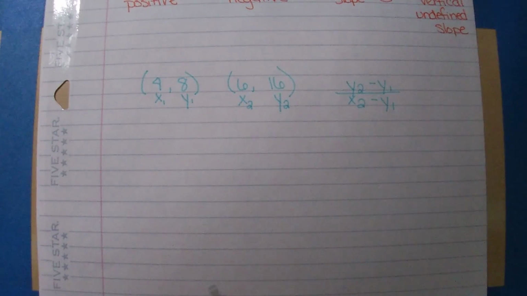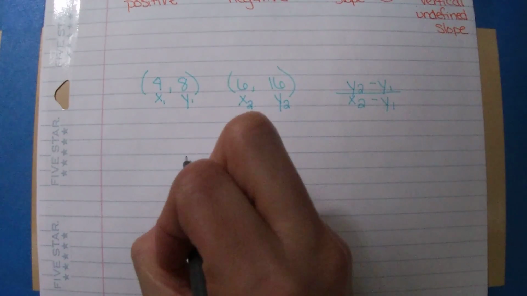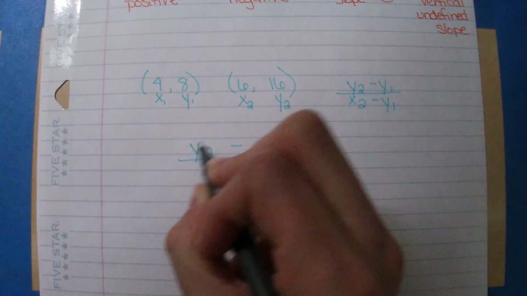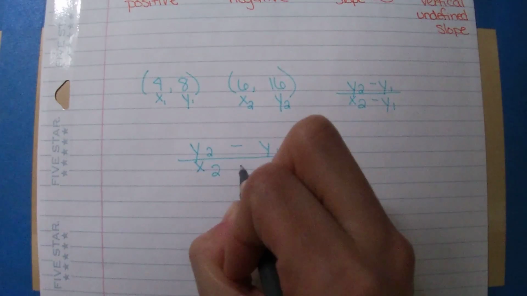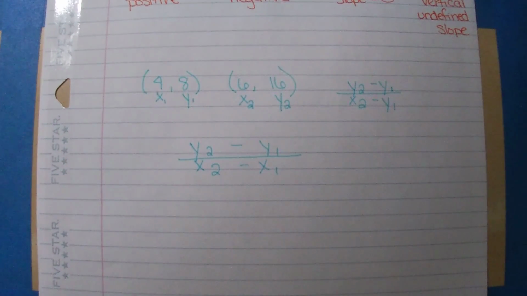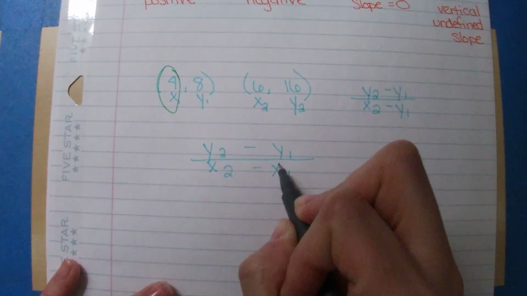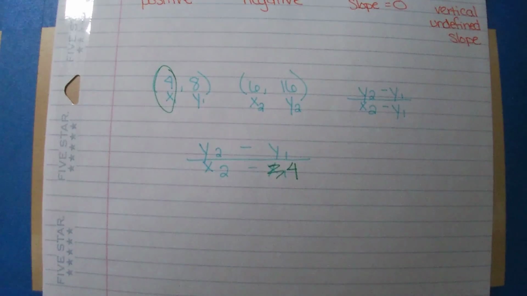Then I'm just going to take the formula and start replacing each letter with its new number. So my x1 is 4. In my x1 position, I'm going to put a 4.